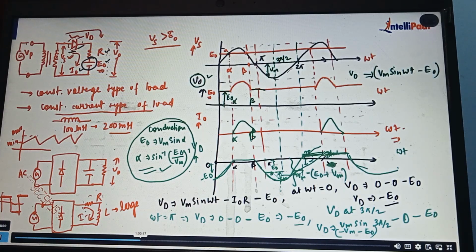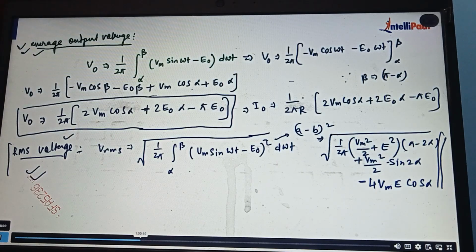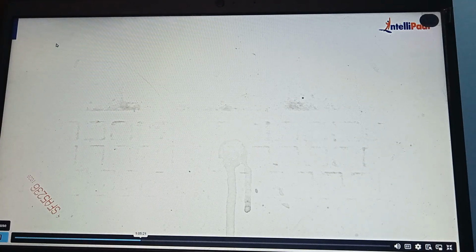In continuation with this, I will give you one hands-on problem here, and we will try to see how we calculate the efficiency and other parameters, and how we calculate the conduction angle for this particular thing. So everyone, please open your notebook and try to solve this problem.